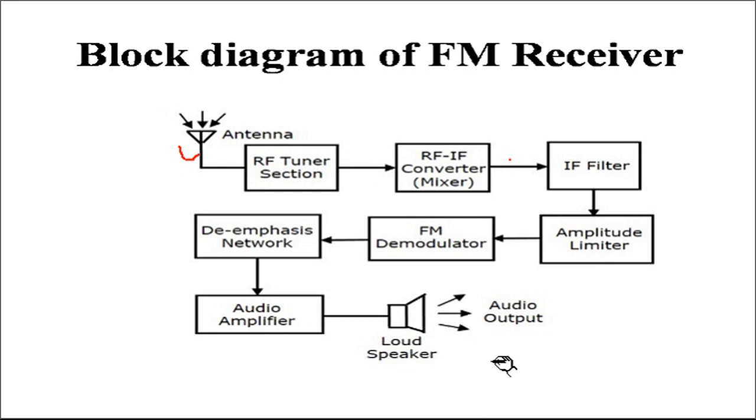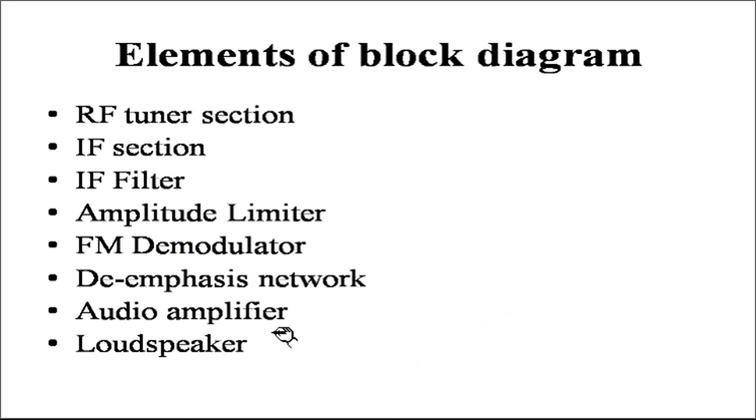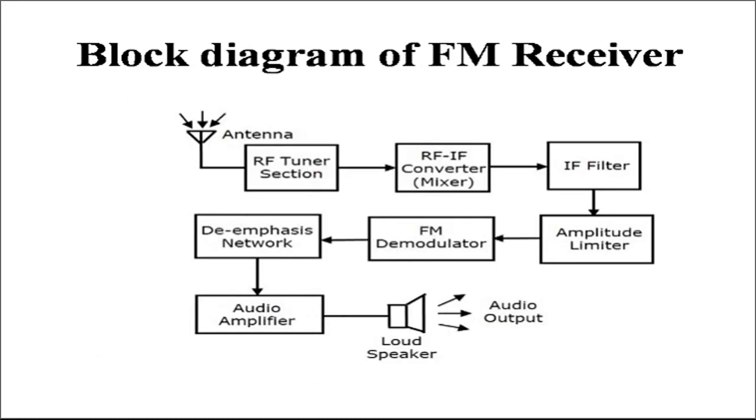At the output of this loudspeaker we get our original modulating signal, whereas the input was the FM signal. Sorry, the output is not the FM signal but the original modulating signal. In this way the conversion takes place. So these were the important elements which I explained through this block diagram. Thank you.